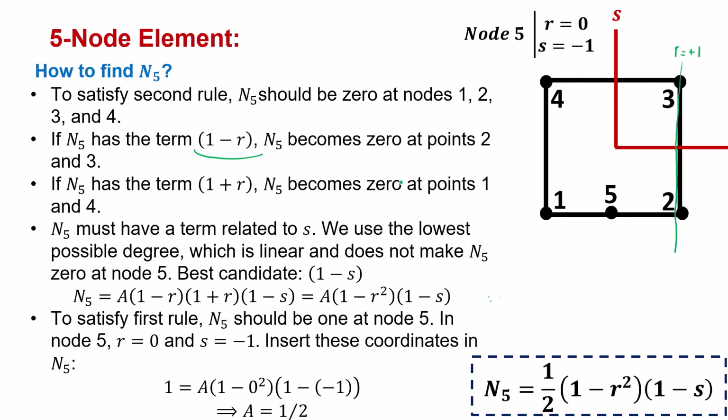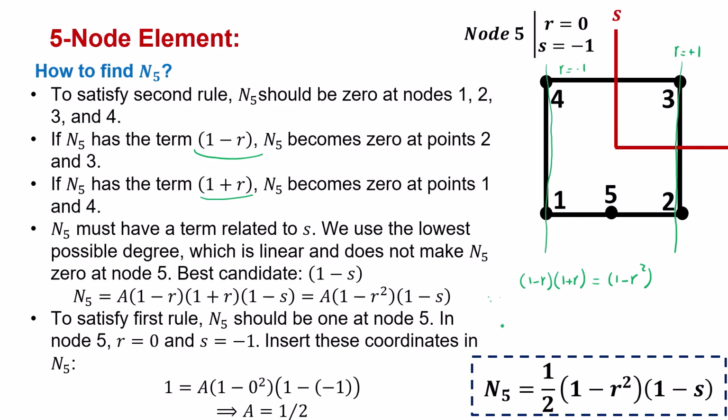And if we include the term 1 plus r, it goes to 0 at nodes 1 and 4, because r is equal to minus 1 at these nodes. Multiplying those together gives us 1 minus r times 1 plus r, which is 1 minus r squared. This takes care of all 4 corner nodes.